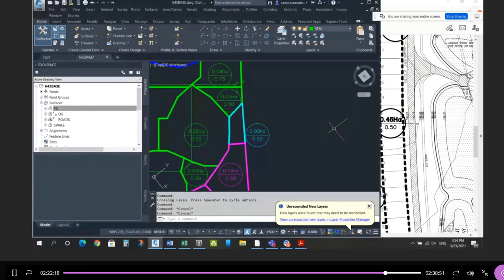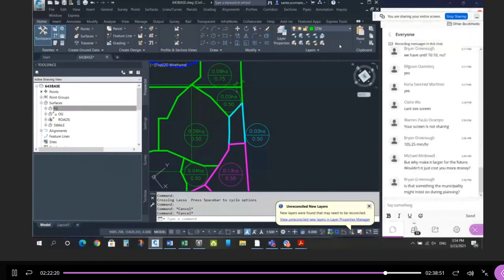Okay, does everybody understand this analysis? It's the same discussion we had with sanitary, but it's more significant. It's more likely that it could have a greater effect. It's not as insignificant as the sanitary, that small little sanitary area that we sent the other way. The storm is a lot more significant. All right. Any questions about that?